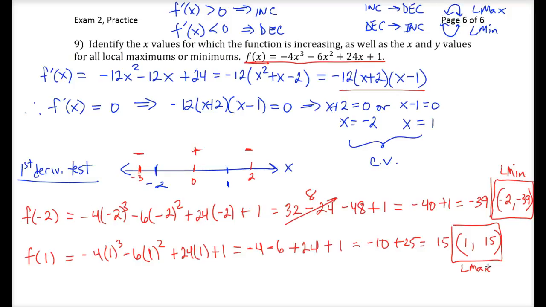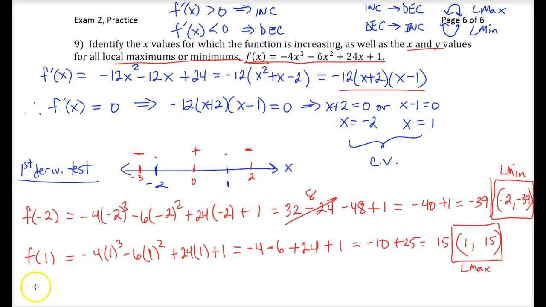So we've answered 2 of the 3 questions that we were originally asked. We were asked to find the x and y values for the local maximums and minimums, and we were also asked when is the function increasing. And we've actually answered that because we know from when x is -2 to 1, our function is increasing.